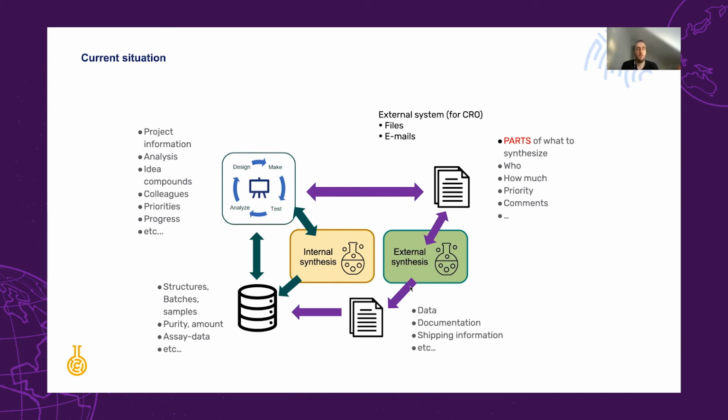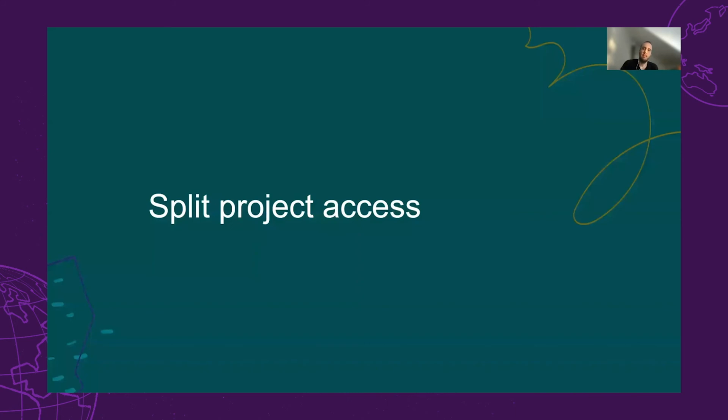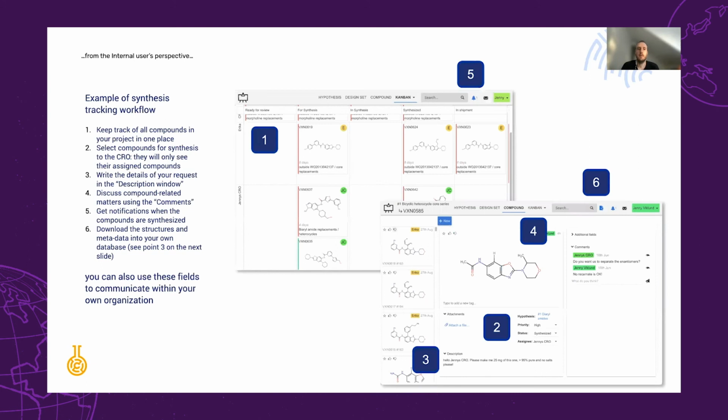So we have taken a look at this problem and figured out a couple of really nice and secure IT solutions. This is split project access. The way it looks in a couple of screenshots is that using our Kanban board and our single compound pages, we are able to differentiate between what internal users and external synthesis CROs can see.